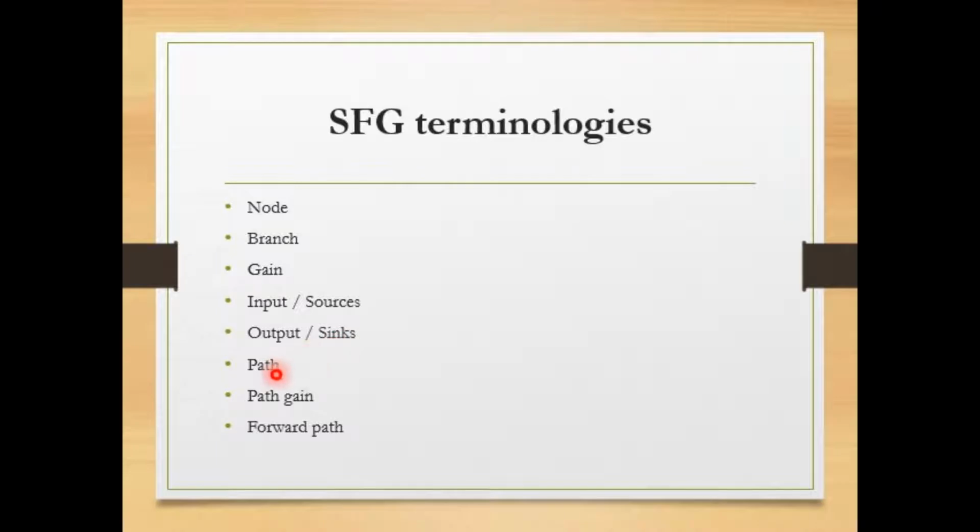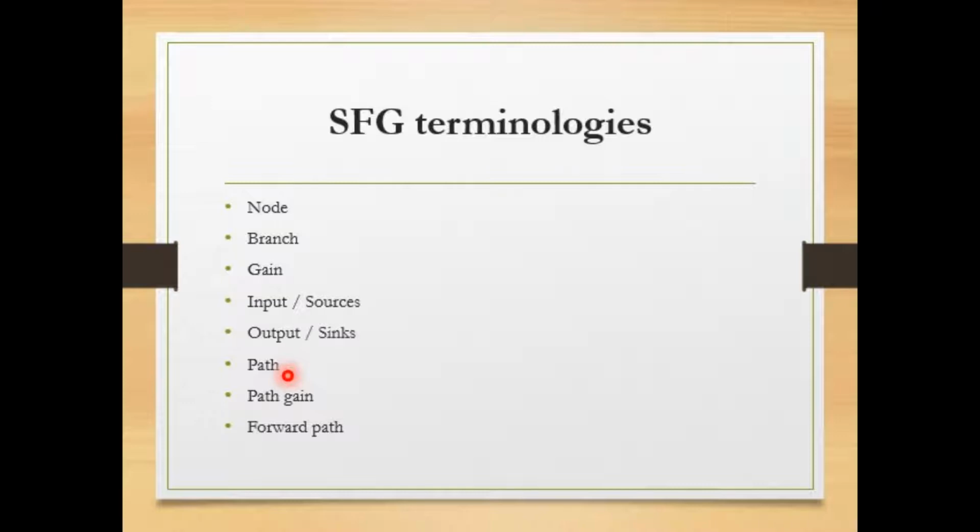Next is a path. What is a path? In general we know what is meant by a path. It is nothing but a route. A path is nothing but a traversal of connected branches in the direction of the branch arrows. Then we have a path gain. Path gain is the gain along the path.